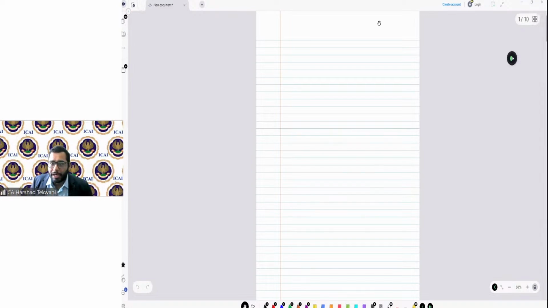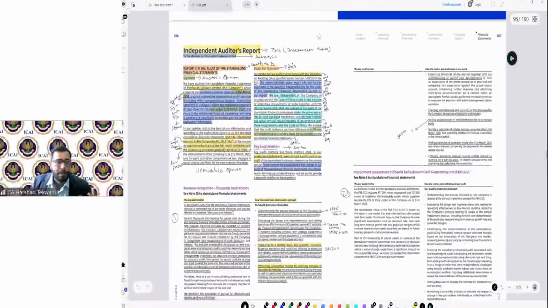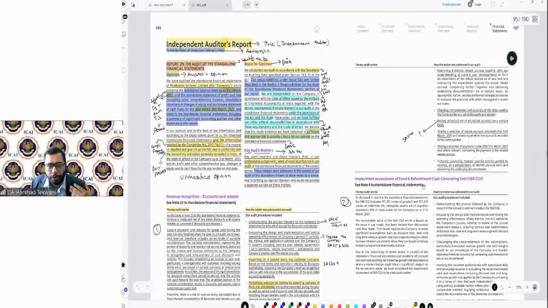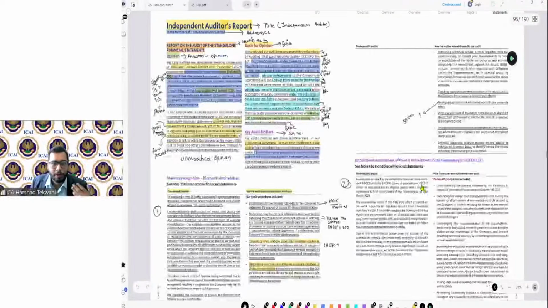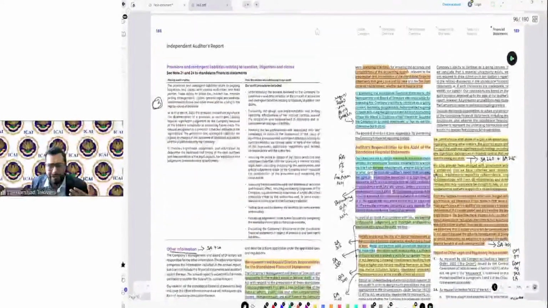I'll just show you a glimpse of the audit report that we discussed in the last lecture. Remember something like this, wherein we discussed the different paragraphs of the audit report, key audit matters, then opinion, then auditor's responsibility, management responsibility, and everything in detail.